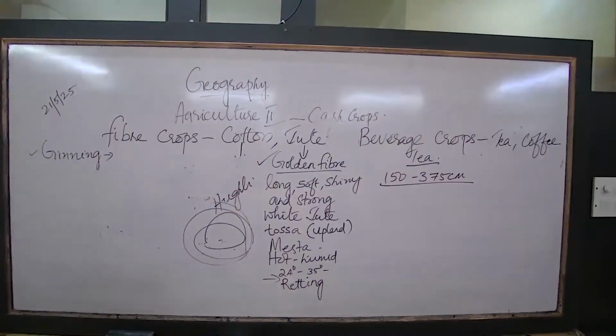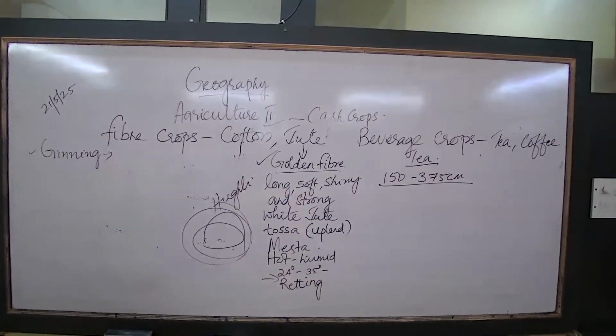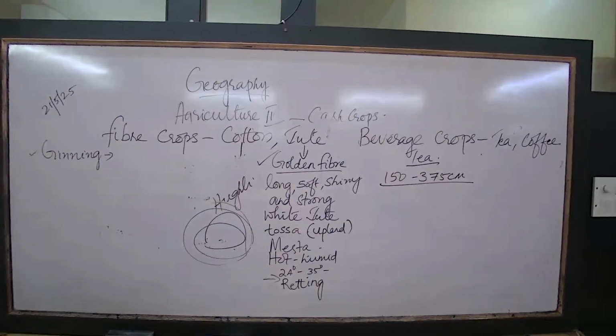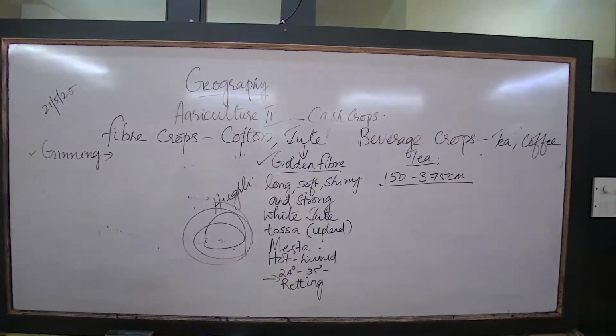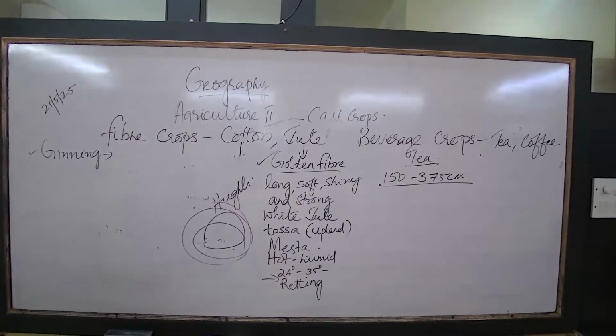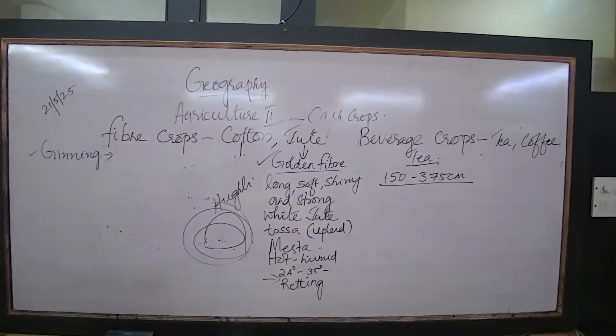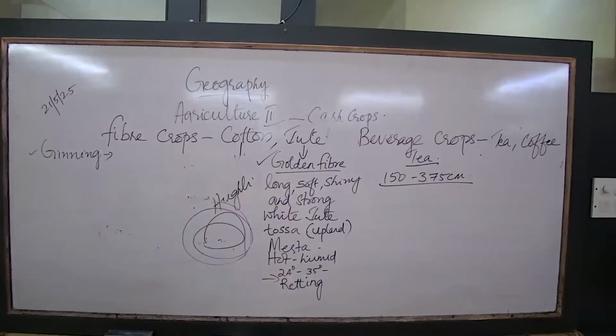So when it is kept, it does not lose its flavor, but it allows fermentation. Fermentation, you know, idli, dosa, banana ferment. That way, tea leaves are also kept piled up to ferment. Okay, moisture is allowed to form.